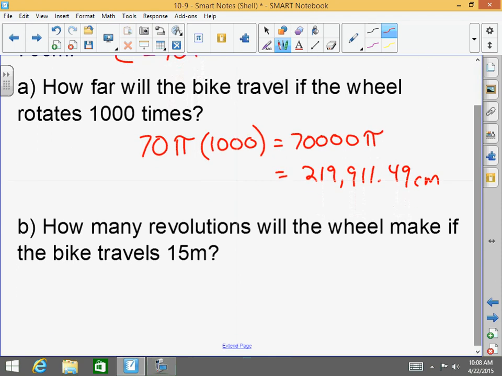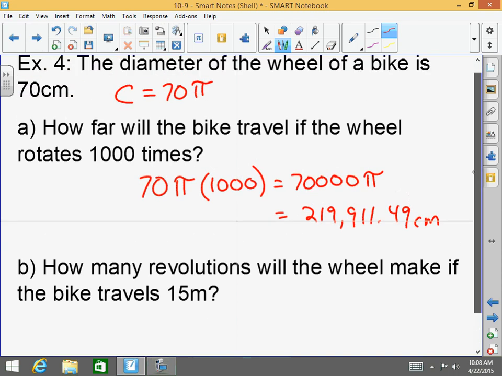Okay? How many revolutions will the wheel make if the bike travels 15 meters? Let's pay attention to this. They gave you the original diameter in centimeters.